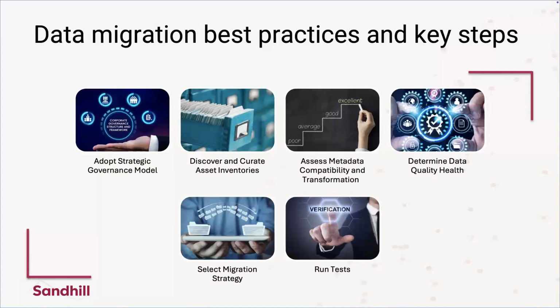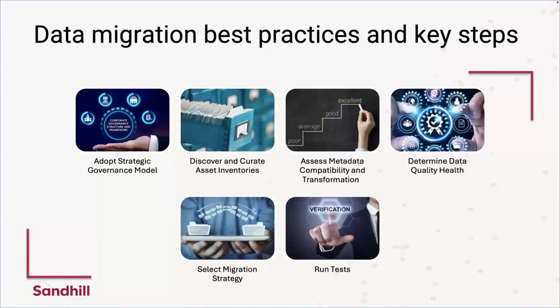And of course, overall data quality health. That's really an important one because we're going to have to clean this data, fix any errors, remove duplicates, do some kind of profiling here. And then select the migration strategy. How are we going to do it? Are we going to do a full transfer all at once? Are we going to phase it in over time? Or is it going to be sort of a real-time synchronization?